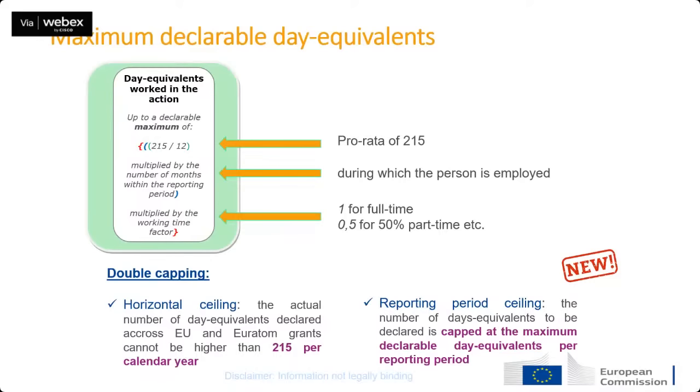So if you have a reporting period of 18 months, you just have to take the months during which the person for whom you are calculating the personnel cost was employed with you and was working on the action. And then you multiply this figure by the working time factor, which is basically your work pattern. So it's 1 for full-time, 0.5 if you work part-time, etc.